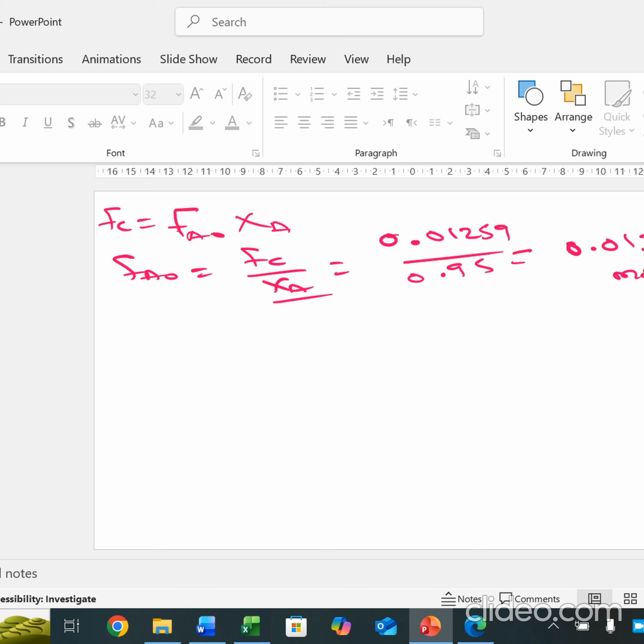So once we get this, that makes our work very easy, and what we need to do now is to get our volume of CSTR. Remember, the volume is equal to Fa naught X divided by minus Ra. All these parameters we have already gotten.